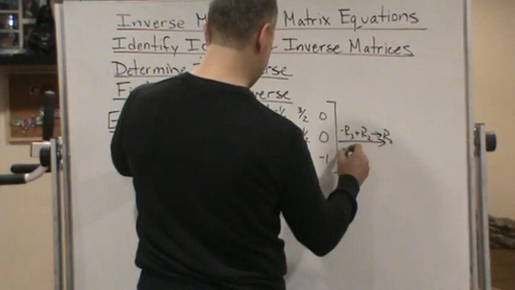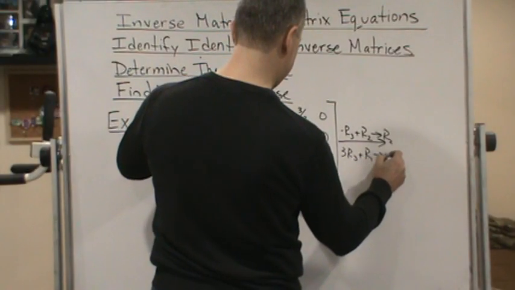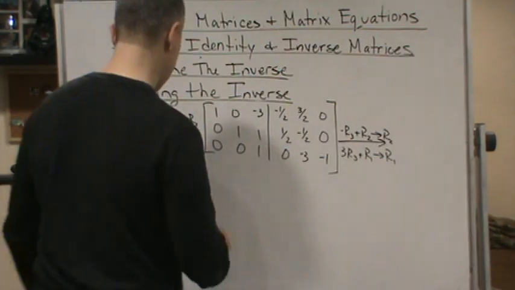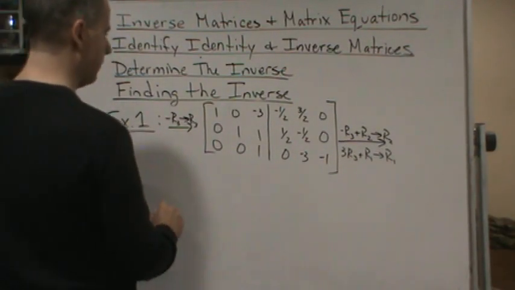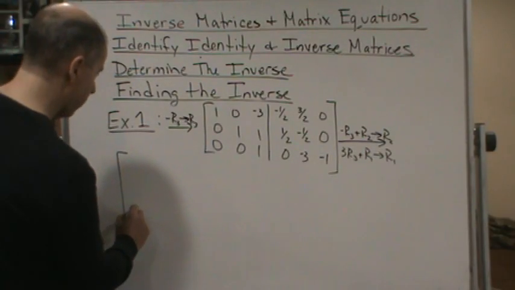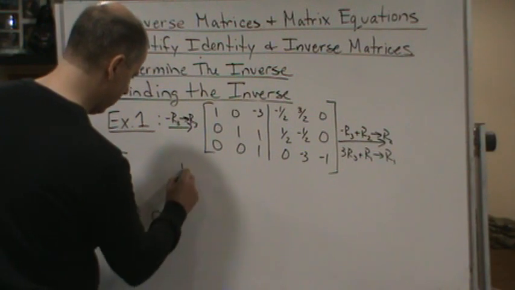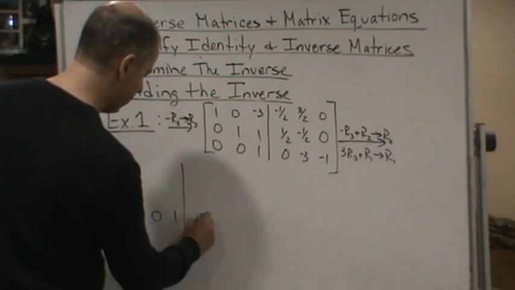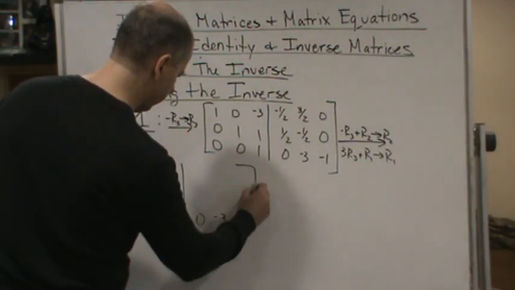And I'm going to take 3 times row 3 plus row 1 and replace row 1. Okay, so let's find out what our final one is going to be. The third row stays the same, so 0, 0, 1, 0, negative 3, negative 1.